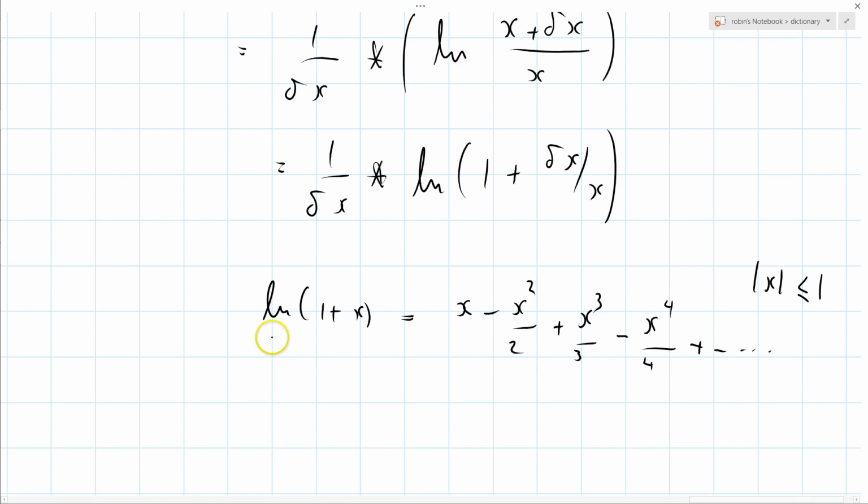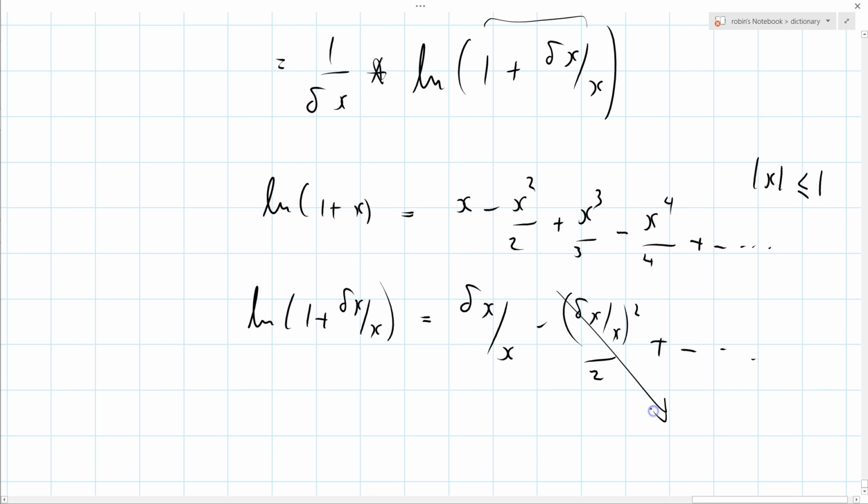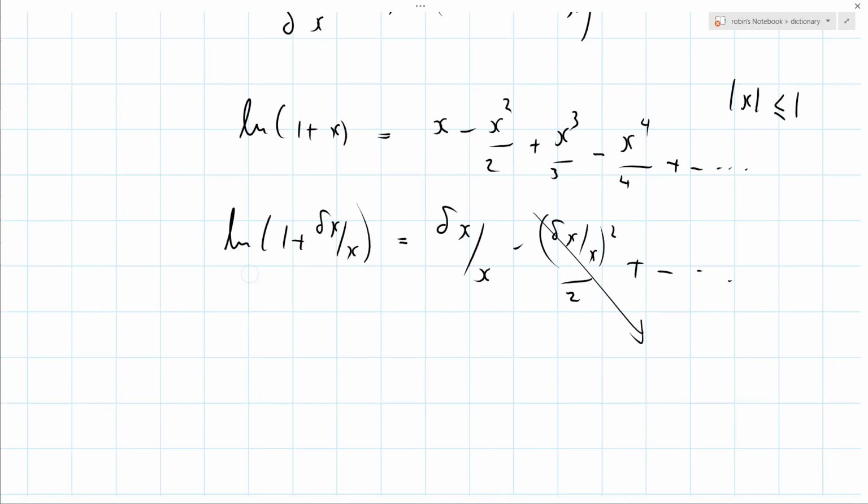Anyway, in this case, log of 1 plus delta x over x equals delta x over x, that's the first term, because instead of x I've got delta x over x, minus delta x over x squared over 2, and so on. And I'm going to ignore the rest because they're very small, because delta x squared is very small.